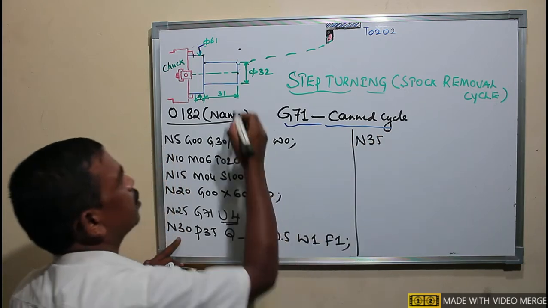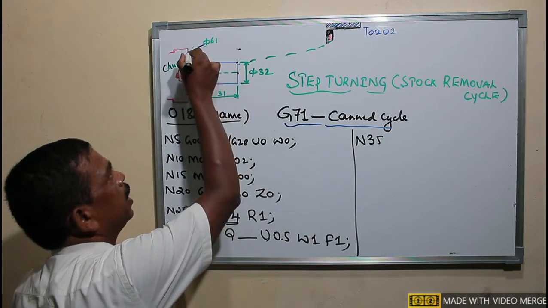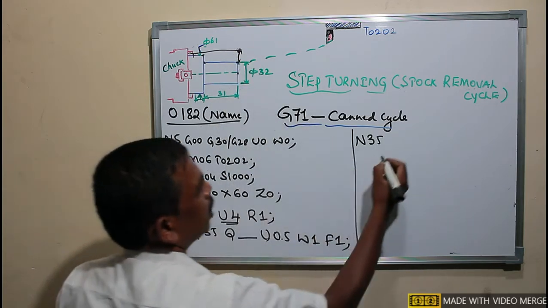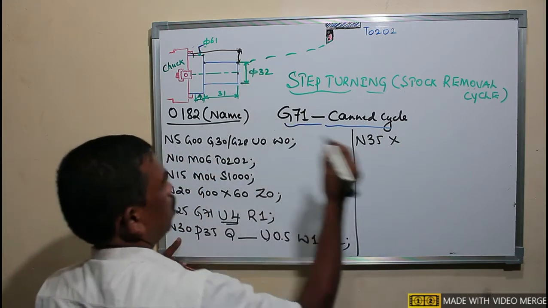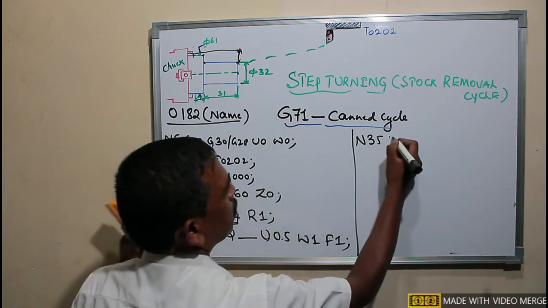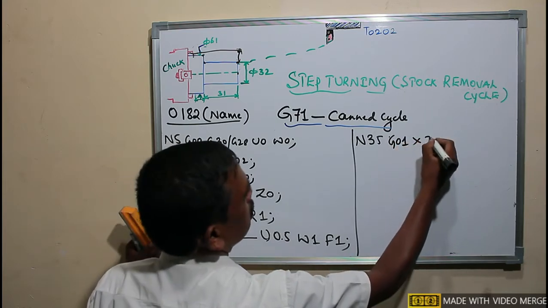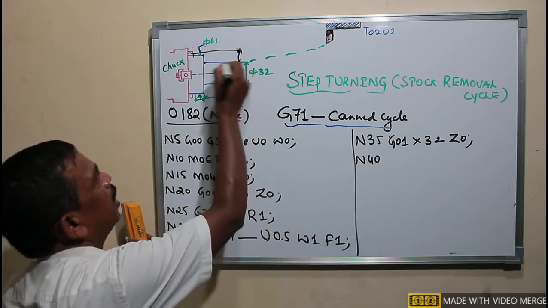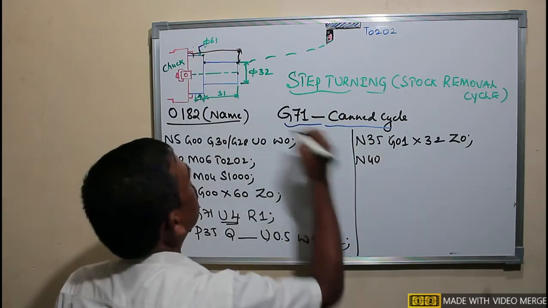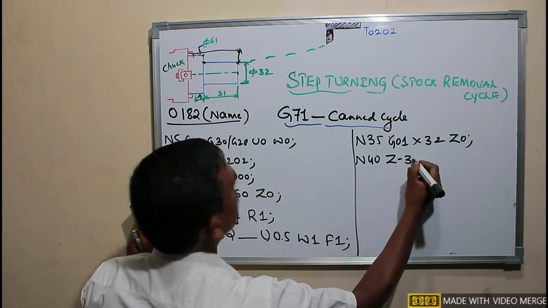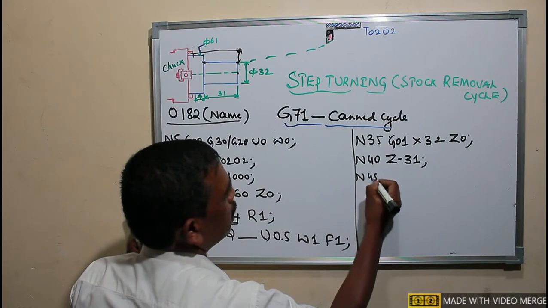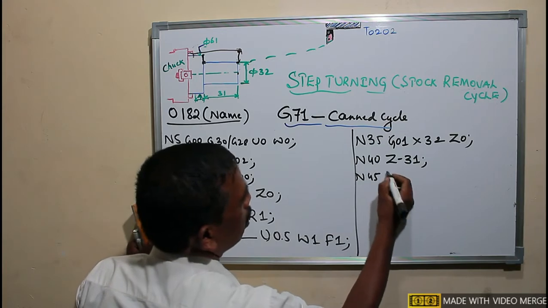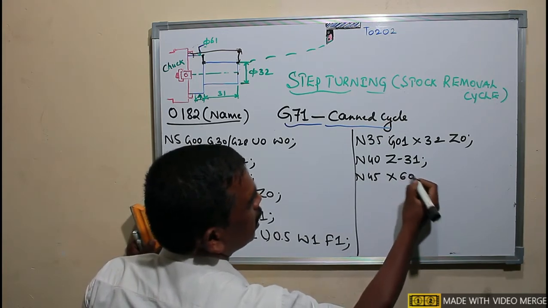Now N35. The tool is here, this is the raw material. So the contour shape will be G01, X32, Z0, end of block, N40. From here to here I will move the tool, G01 Z minus 31, end of block, and then the tool has to move from here to here, that is X60.